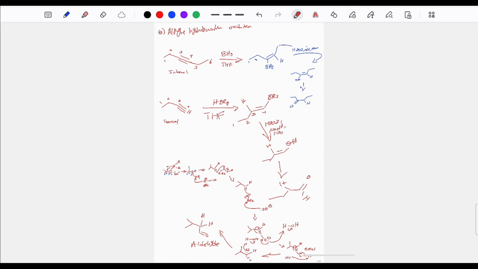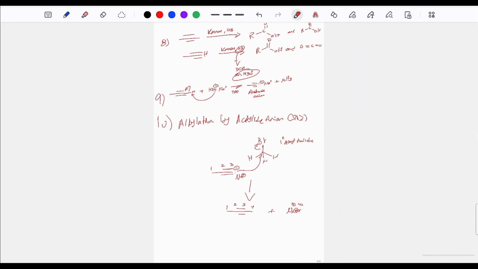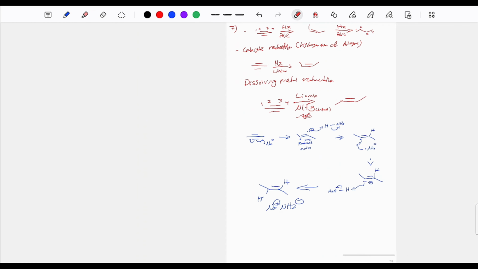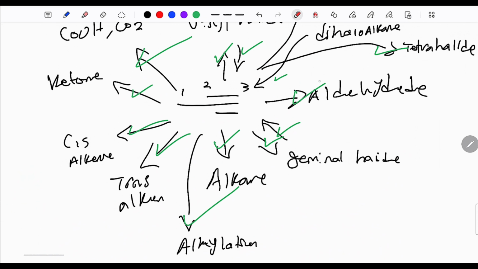You can use hydroboration oxidation of a terminal alkyne, which would give you the aldehyde. That's it. So let us write that down for ourselves: hydroboration oxidation of a terminal alkyne.